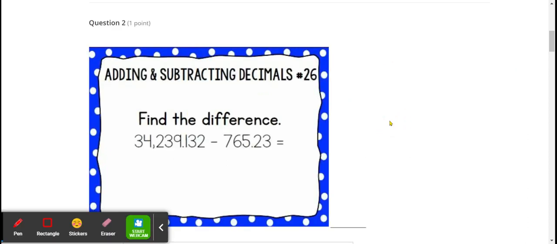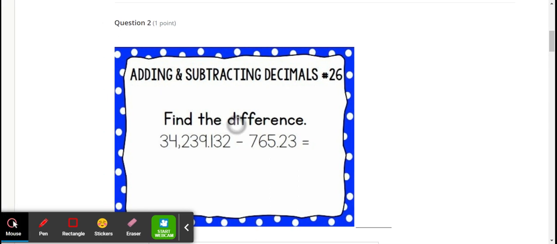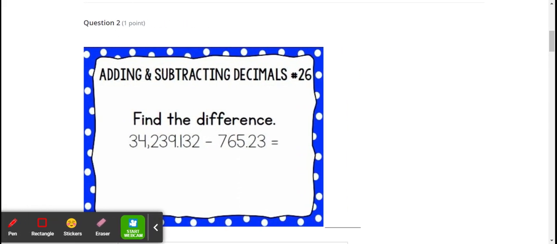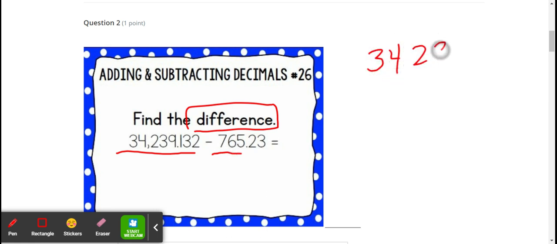Moving on to number two, looking at finding the difference, which means we are subtracting between 34,239 and 765. So we take the first number, put it up on top, all the way over to the decimal, and then 765 with the decimal place value.